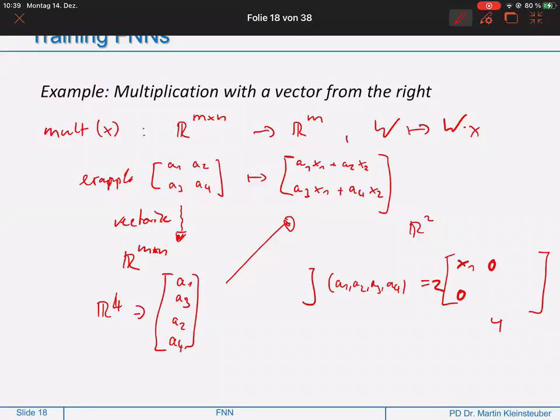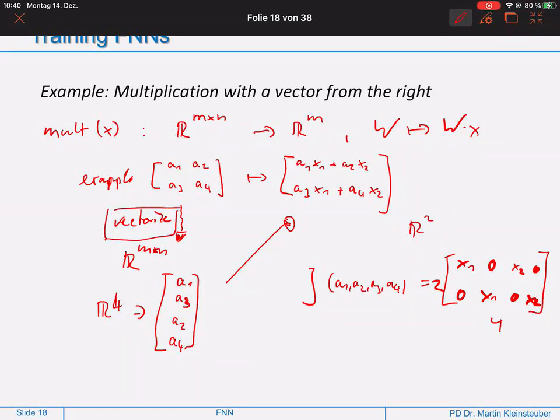The second one with respect to A3 is x1. The first one with respect to A2 is x2. The second one with respect to A2 is 0. The first one with respect to A4 is 0. And the second with respect to A4 is x2. So this is how we can do it with this vectorize embedding.